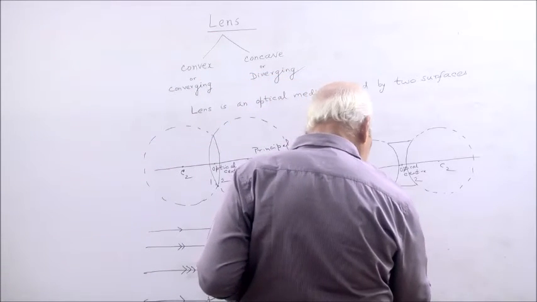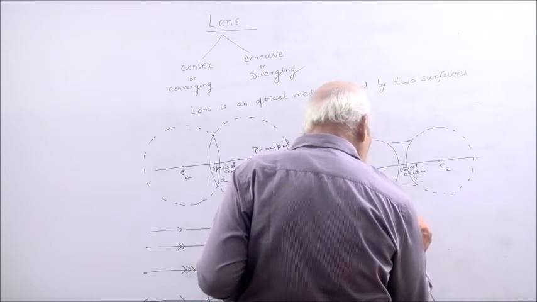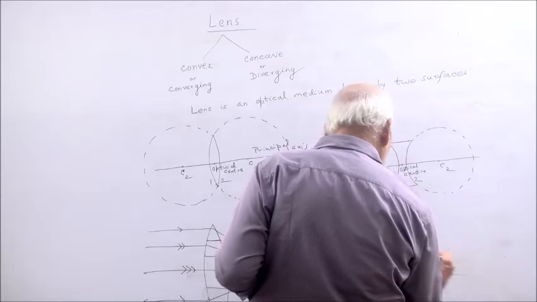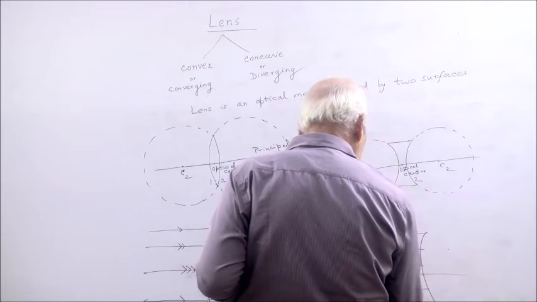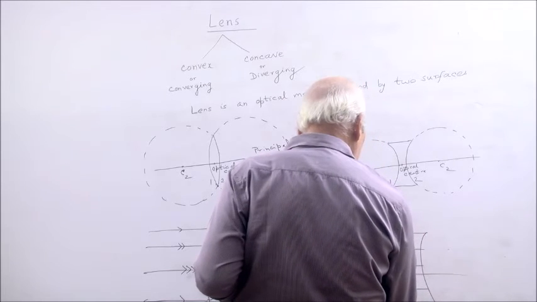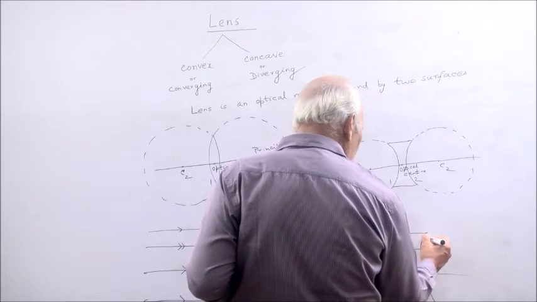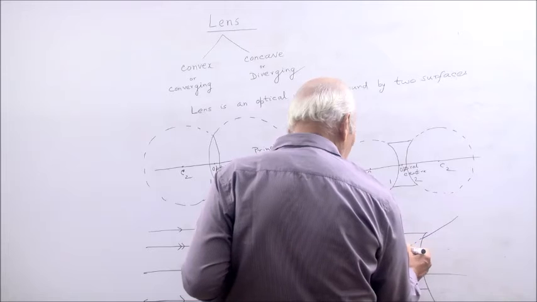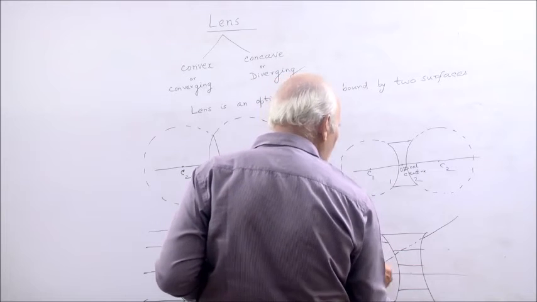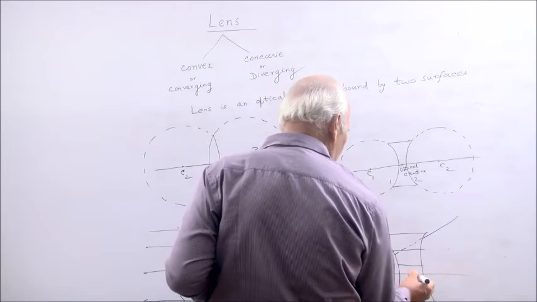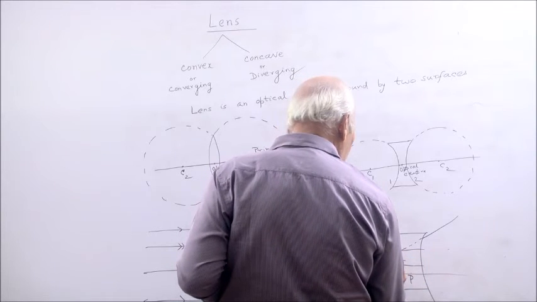But here what happens, if you divide it into smaller parts, the rays incident on one prism bends towards the broader side, so it goes in this way. So, if you produce them backward, they will try to come from this point F. The second one suppose comes here and it goes in the same way.